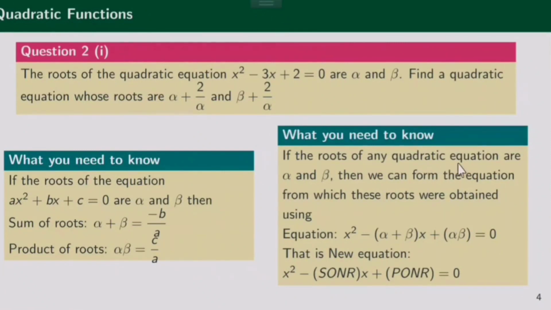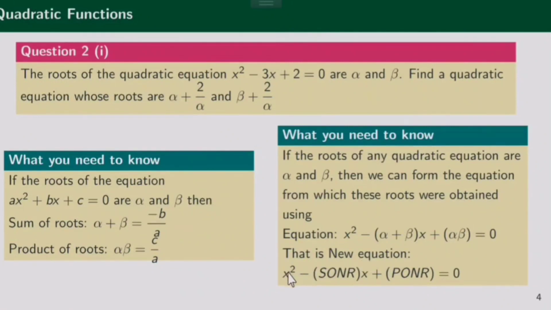Then what else do you need to know? If the roots of any quadratic equation are alpha and beta, then we can form the equation from which these roots were obtained using x squared minus (alpha plus beta) multiplied by x, then plus alpha beta equals 0.